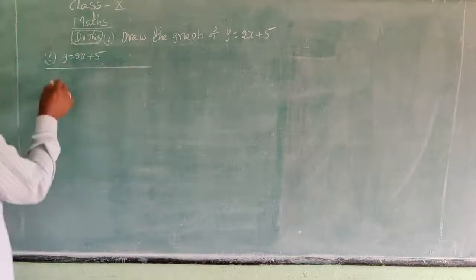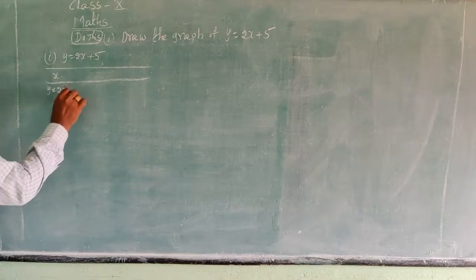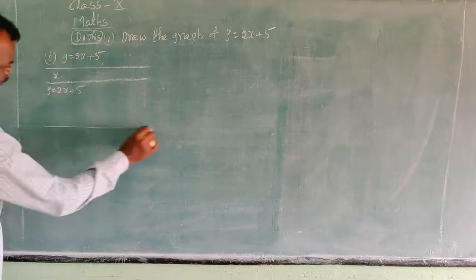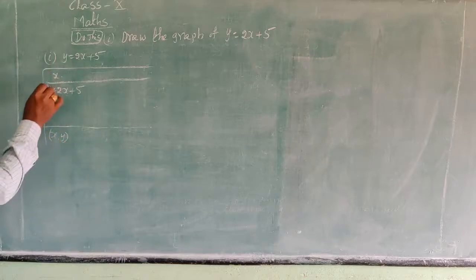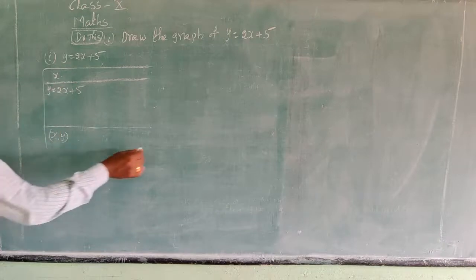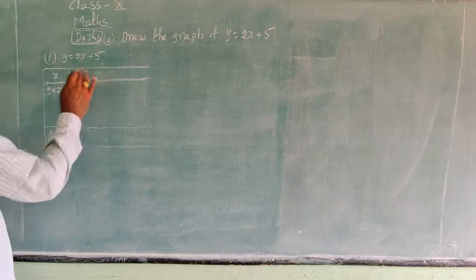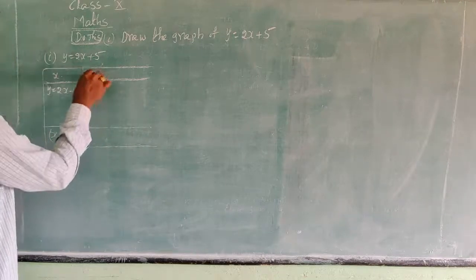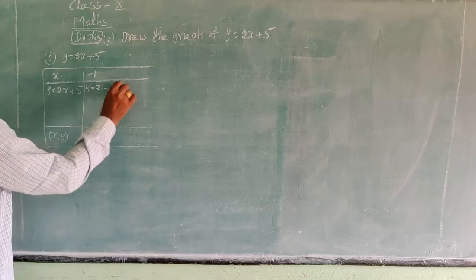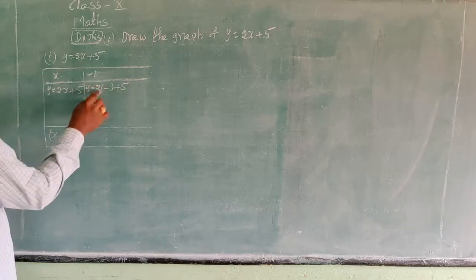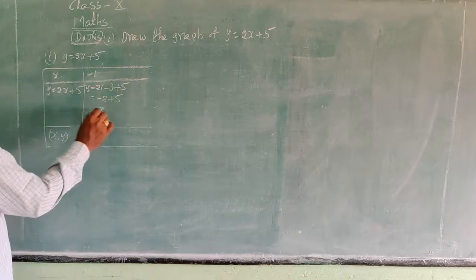Draw a table: x value, y is equal to 2x plus 5, and point x comma y. First value we are taking is minus 1. y is equal to 2 into minus 1 plus 5, minus 2 plus 5, which is 3.